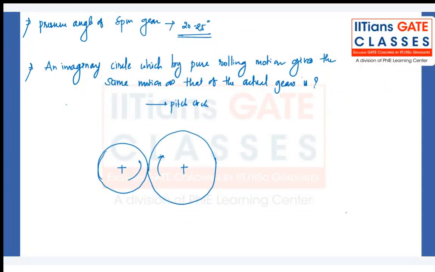To avoid that, we make gear teeth so that the teeth will engage with each other, and by positive displacement will transfer the motion from one shaft to the other. Hence the answer will be pitch circle, because these are the pitch cylinders and the cross section of a pitch cylinder is the pitch circle.